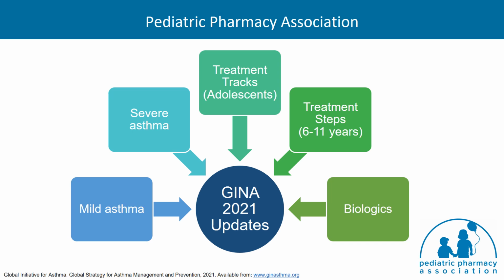The next update to discuss is the treatment tracks for adolescent patients. This now includes 2 different treatment tracks, the preferred track and the alternative track, and this is based on the reliever that is utilized in the patient's regimen.